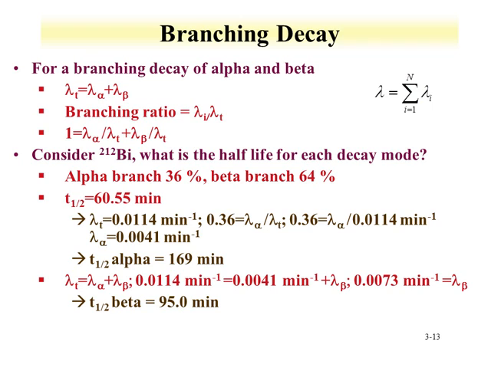Let's use our branching ratio equation right here to solve. So 0.36 is equal to the alpha decay constant divided by the total decay constant, 0.0114 inverse minutes.